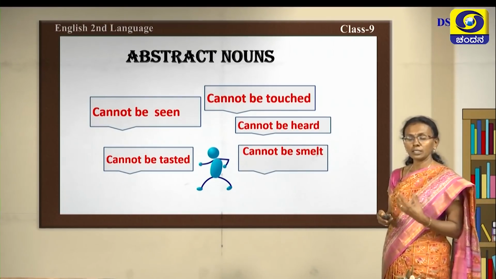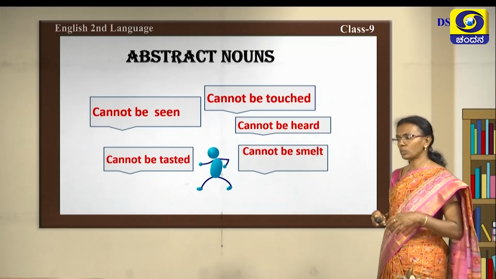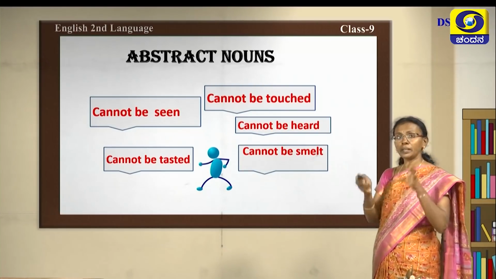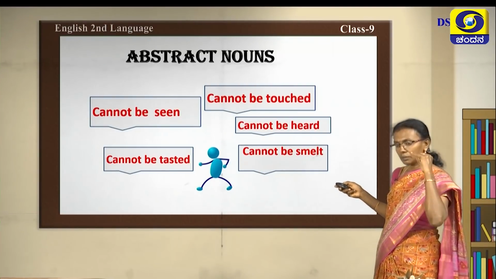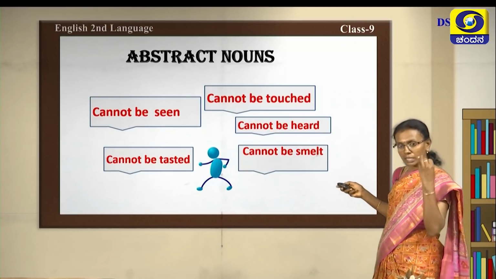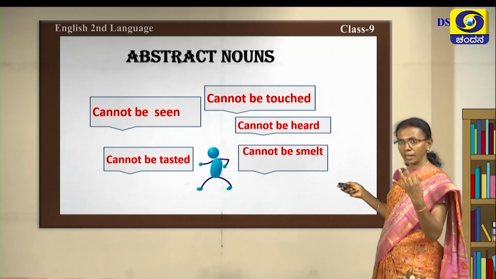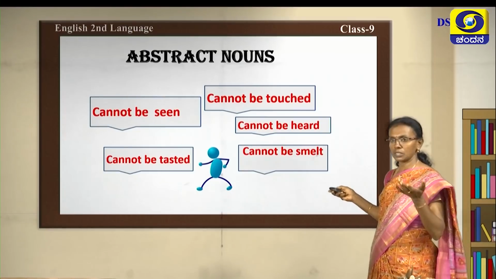Otherwise you cannot understand abstract nouns. So you can find nouns in abstract form also. You saw the happy frog, and next angry, and next sad. So all these come under abstract nouns.